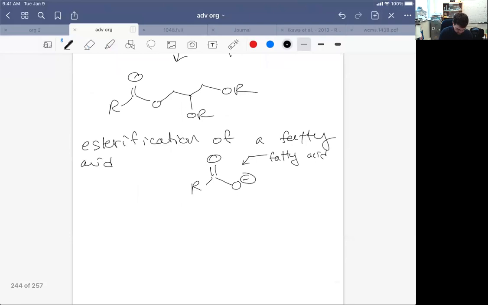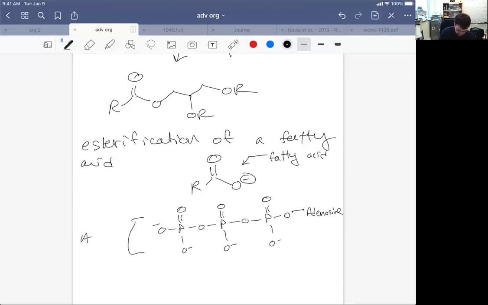Now I'm going to draw out the critical piece here, which is the triphosphate part. That's the high energy part, the highly reactive part of ATP. So there's adenosine triphosphate. This whole thing is ATP.